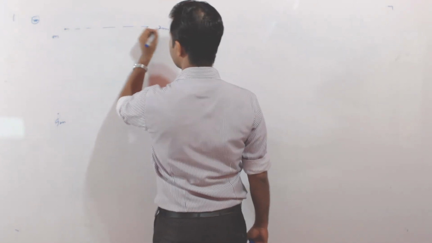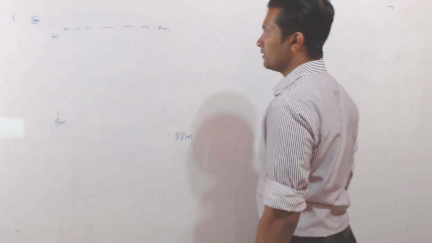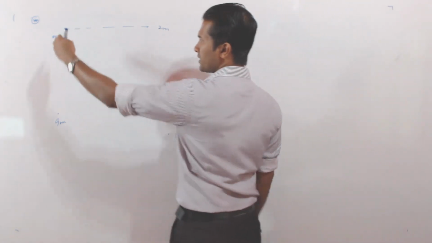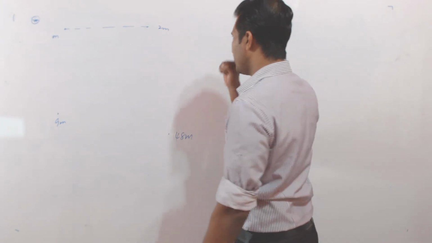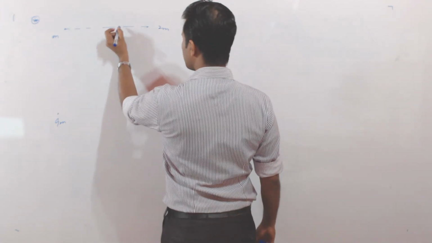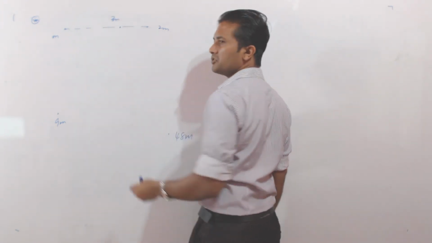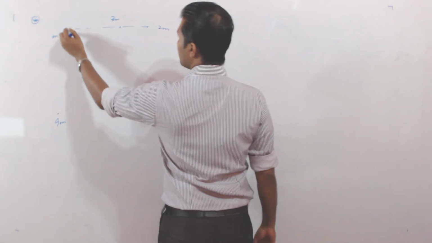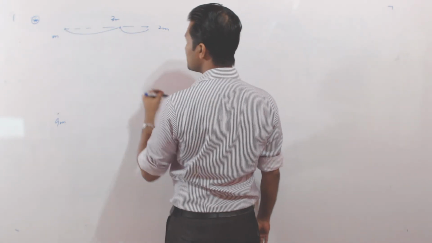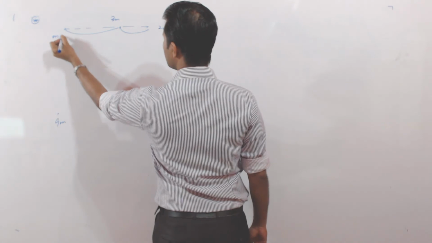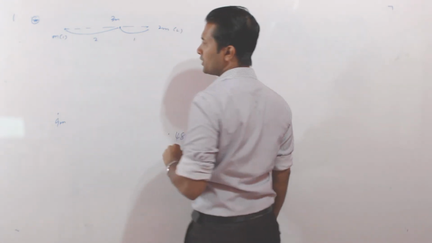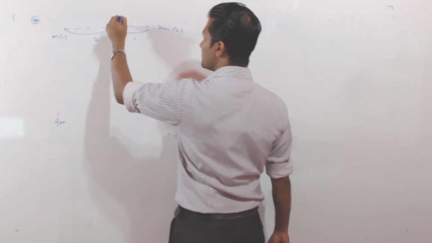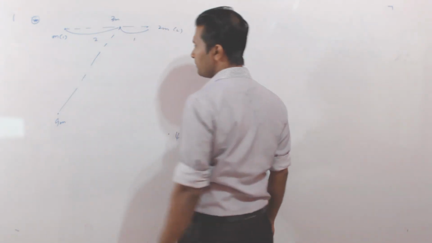First of all, you have to join these two masses. This is like F1 mg, this is like F2 2mg. So the resultant should be 3m or 3mg. And what would be these ratios? This is 1, this is 2, so 2 is to 1. Now you can consider 3m and 9m.